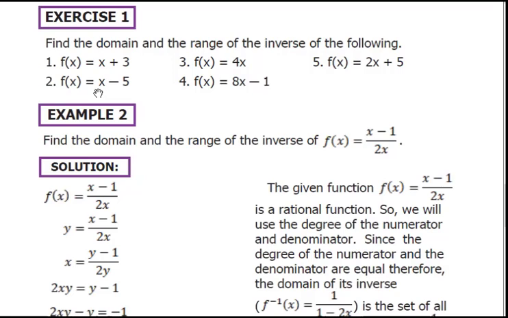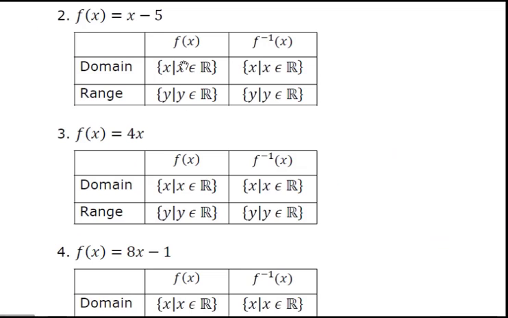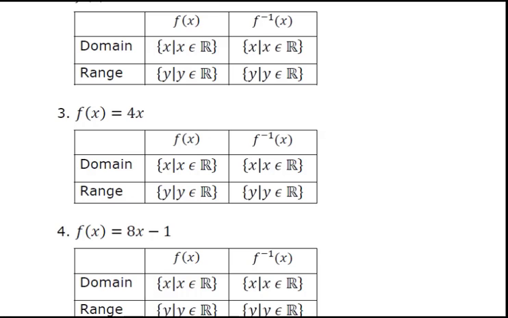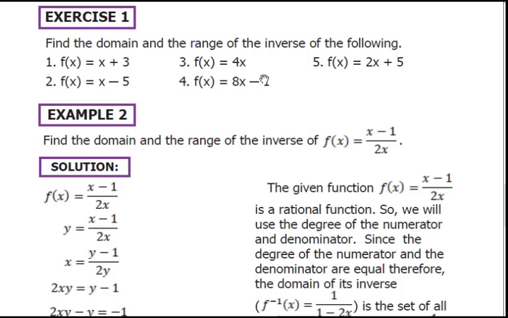For number 2, we have f of x equals x minus 5. And we have here the same answer as with number 1. The domain and the range of f of x are the set of real numbers. The same is true with its inverse function. Number 3, f of x equals 4x.